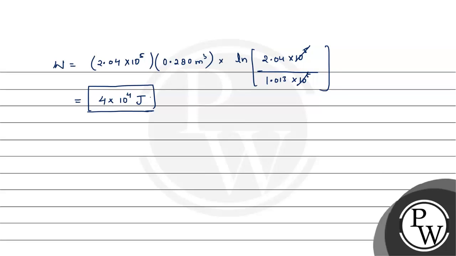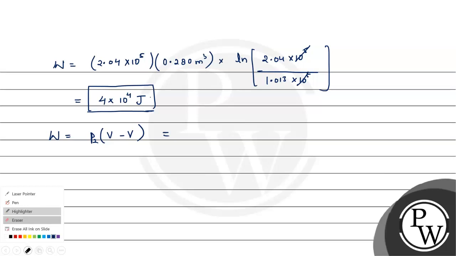Now in the next step, the pressure is kept constant. So the work done formula comes out to be equal to P into V2 minus V1. So it will be P2, the final pressure, into V2 minus V1. It can also be said that it will be V1 minus V2, because in this case V2 is our initial state and V1 is our final state.